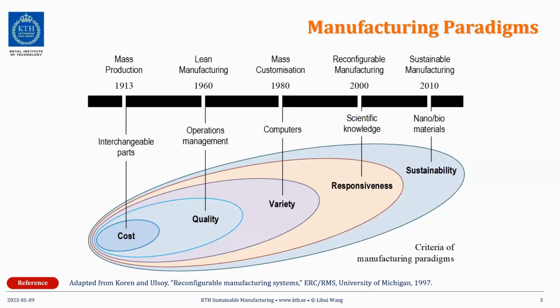Around the 1960s, we entered into another manufacturing age, lean manufacturing. This of course uses the latest operations management methods. People can reduce waste and at the same time improve the quality of products. Then around 1980, mass customization was introduced because customers wanted their own signature product with their own preference.